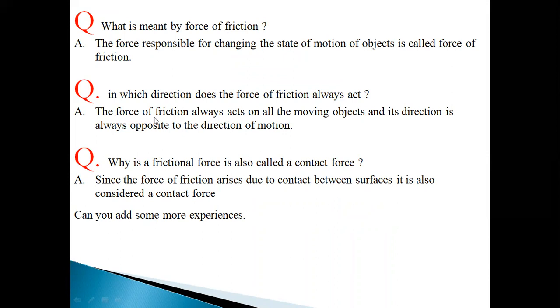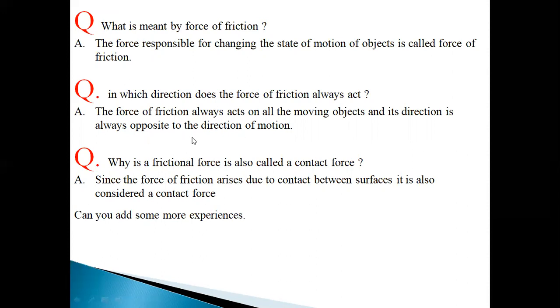The force of friction always acts on all the moving objects, because in each and every moment we come across it in our day-to-day life while we walk. Therefore, just consider that example, children. Once again, the force of friction always acts on all the moving objects, and its direction is always opposite to the direction of motion.